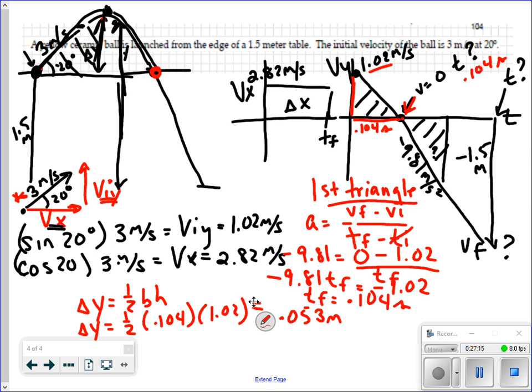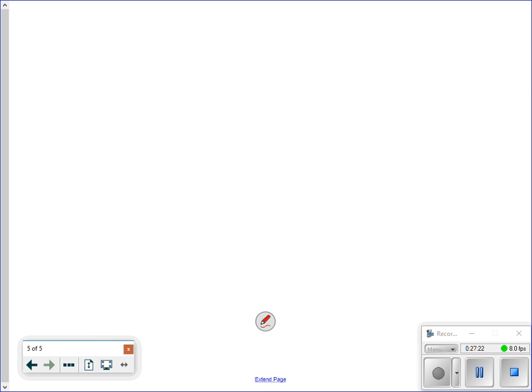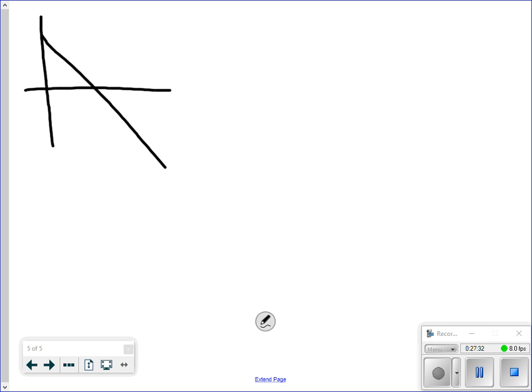You know, what are you going to do? All right, so what I'm going to do is go to a new screen here, and I'll redraw my graph, so just bear with me, and we'll keep going. But we'll fill in some of this new stuff that we know. Give myself some more room here. 1.02 meters per second.